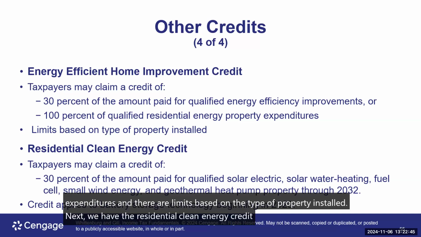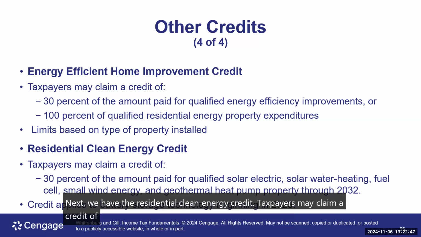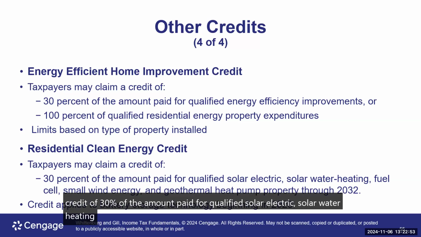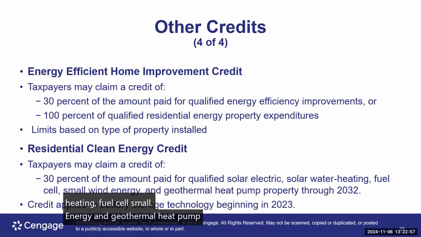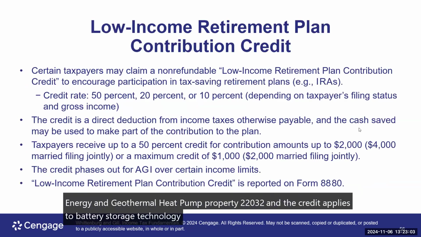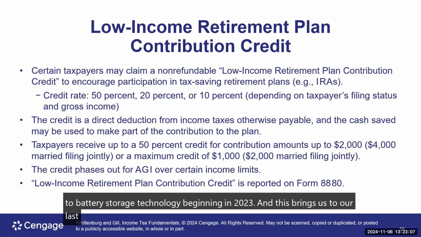Taxpayers may claim a credit of 30% of the amount paid for qualified solar electric, solar water heating, fuel cell, small wind energy, and geothermal heat pump property to 2032, and the credit applies to battery storage technology beginning in 2023.